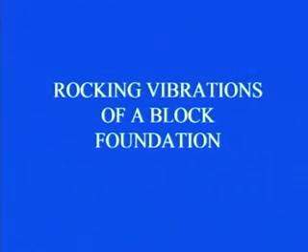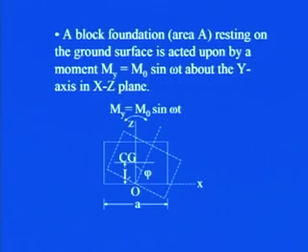Now, let us see the rocking vibration of a block foundation. Rocking vibration means that you are applying the rotation about the y axis. You can see in this figure that if it is a block, this is your z direction, this is the x direction, and in this direction you have the y direction.